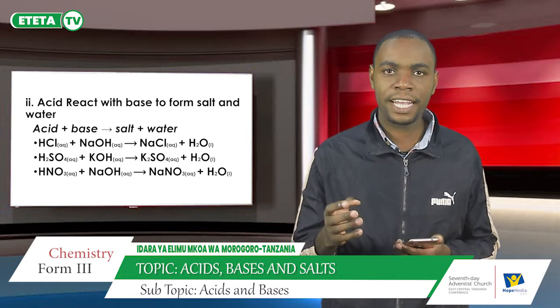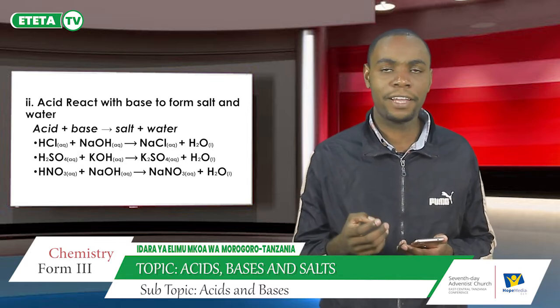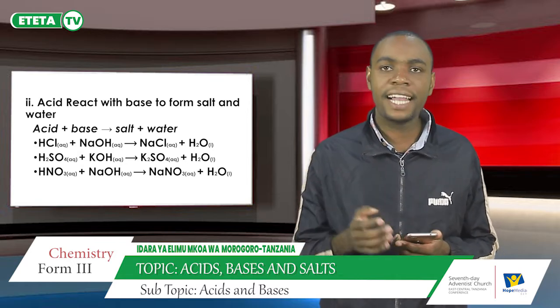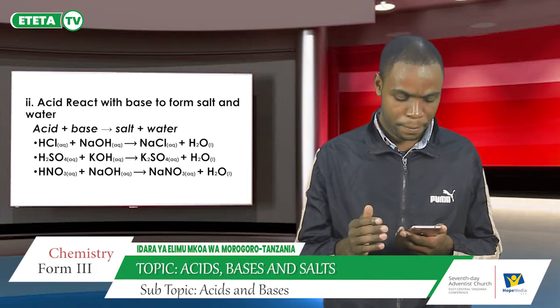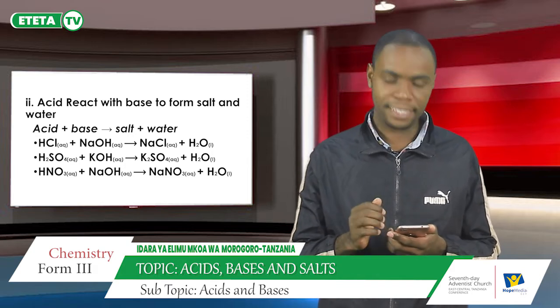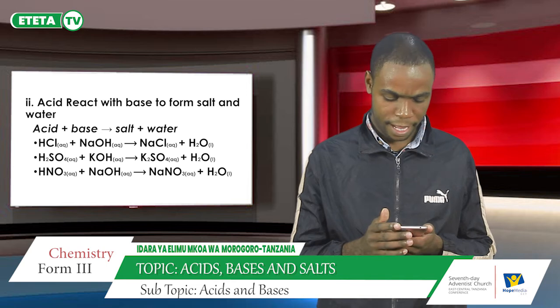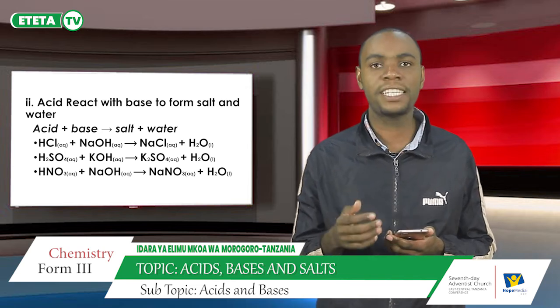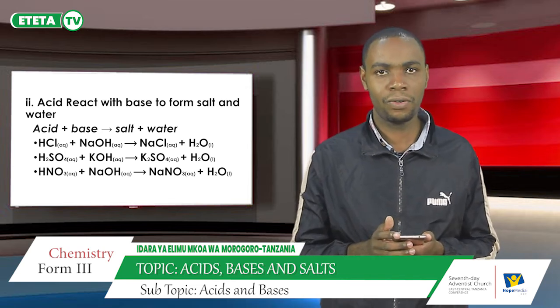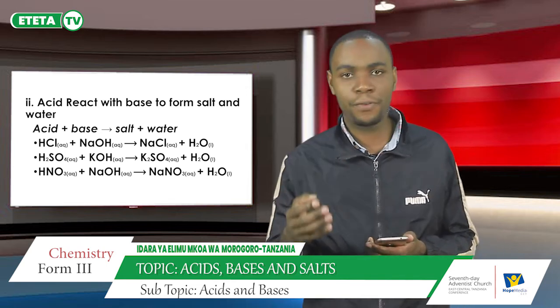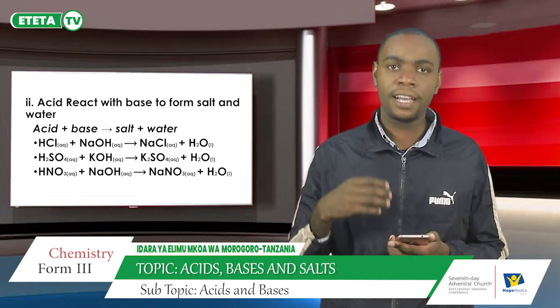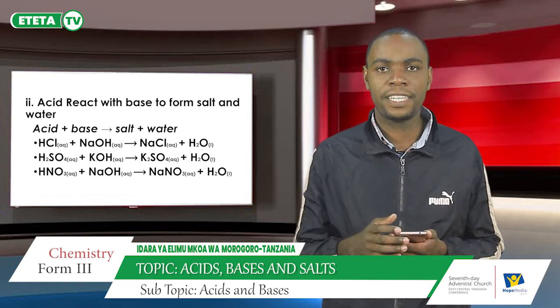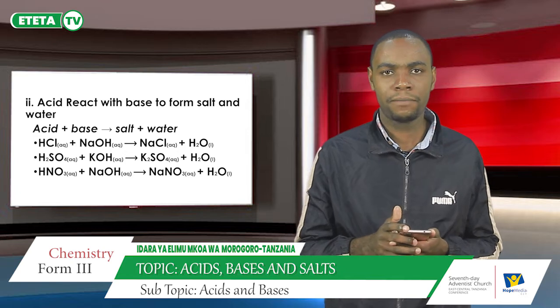Hydrochloric acid reacts with, say, calcium hydroxide to produce calcium chloride and water. Another example is the reaction between sulfuric acid and potassium hydroxide, where the product is potassium sulfate and water.